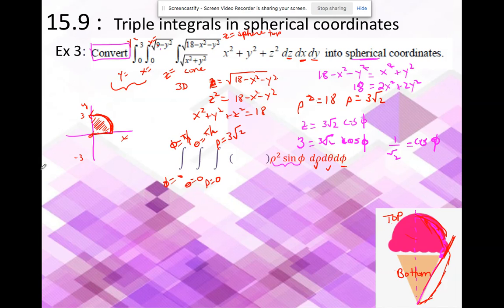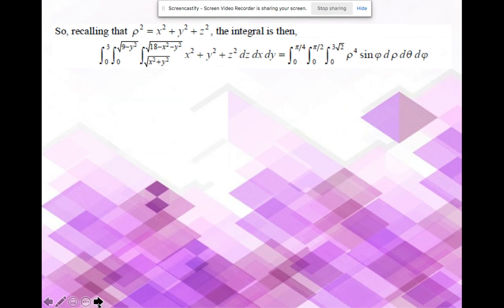Now I've done my bounds, so what else do I have to do? I have to transform here, and I already had done that before, so x squared plus y squared plus z squared is just rho squared.